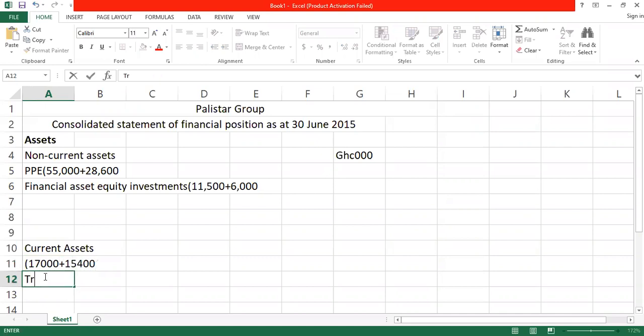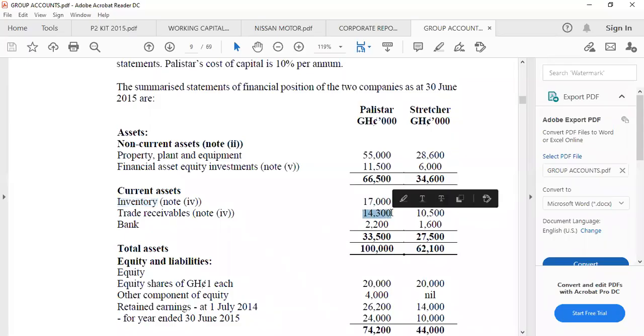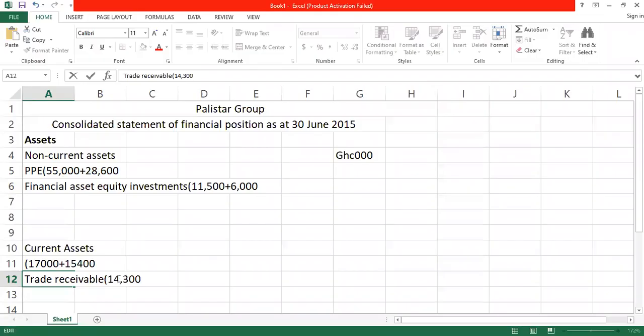The next one is trade receivables. How much is trade receivables? 14,000 and 14,300, and 10,500.